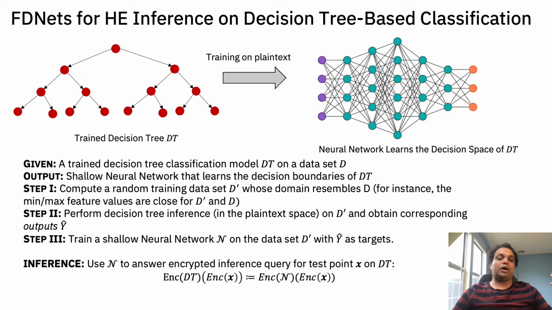Now you take these outputs y hat and inputs D prime, and train a shallow neural network on top of that, right? And then you obtain this neural network N that can act as a proxy for your original decision tree model DT. Okay. So this is the overall approach on how we do this knowledge distillation.